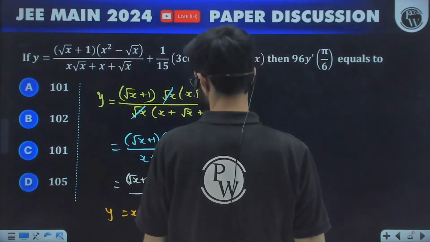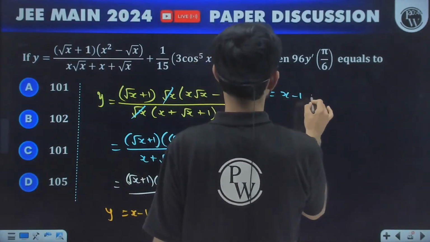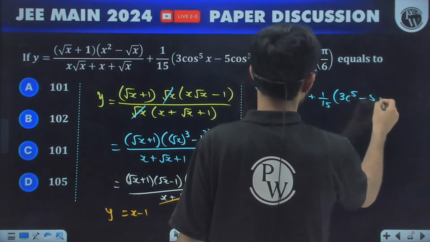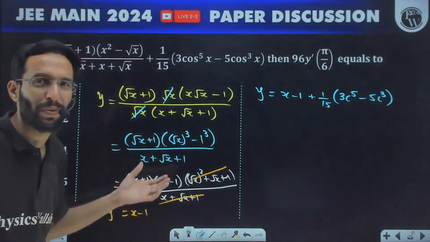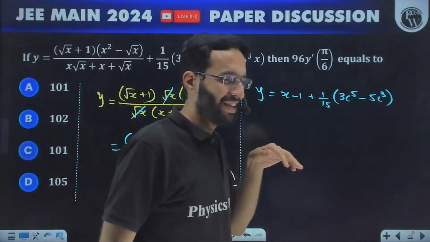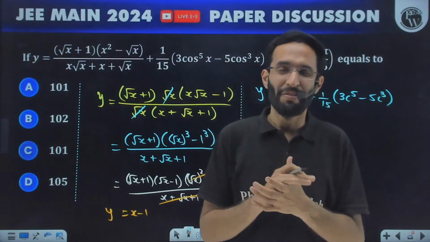Please give me some response. So now your y will become x minus 1 plus 1 by 15 into 3 times cos to the power 5 minus 5 times cos to the power 3. Right, this is called a reverse Pushpa question. After hearing the name Pushpa, generally people feel that it is like a flower.